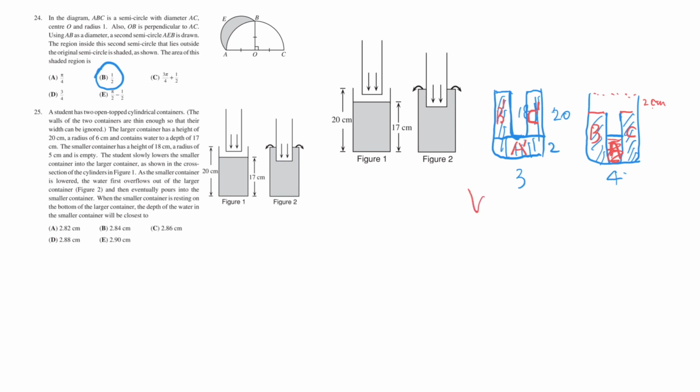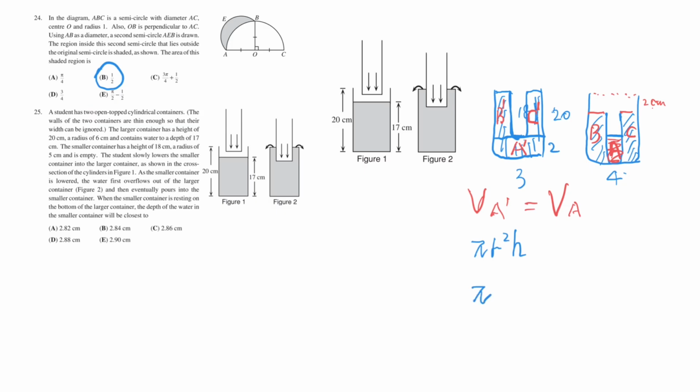Now the volume of A prime equals the volume of A in Figure 4. What's the volume of A prime? Volume equals pi r squared times h.